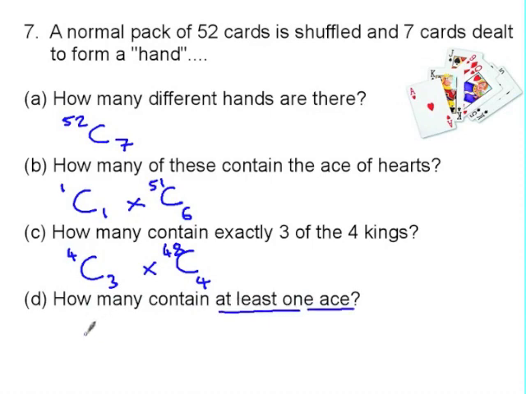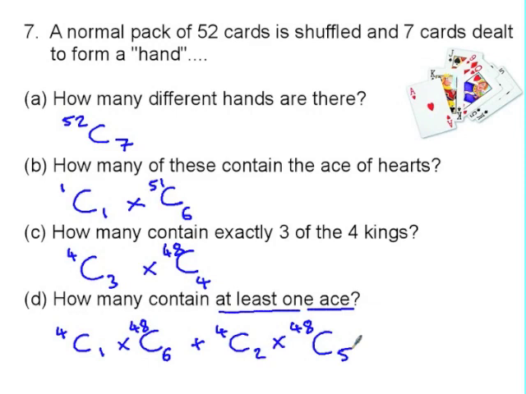So if I say it includes 1 ace, that means I'm choosing 1 of the 4 aces, and my remaining 6 cards come from the remaining 48 cards in the pack. For the number of combinations that contain 2 aces, I've got to choose the remaining 5 cards in my hand from the 48 that are left. 3 aces, and finally it could contain all 4 aces.